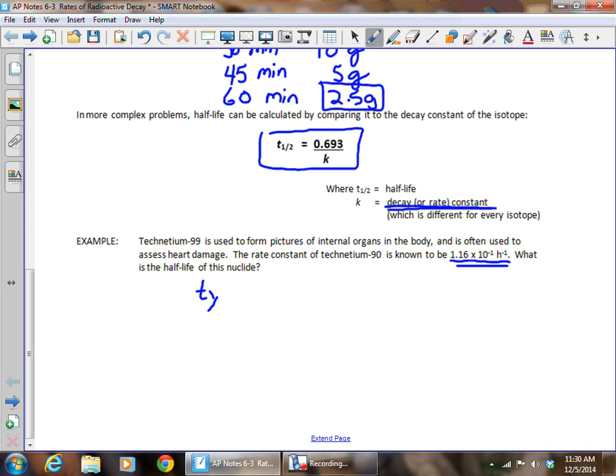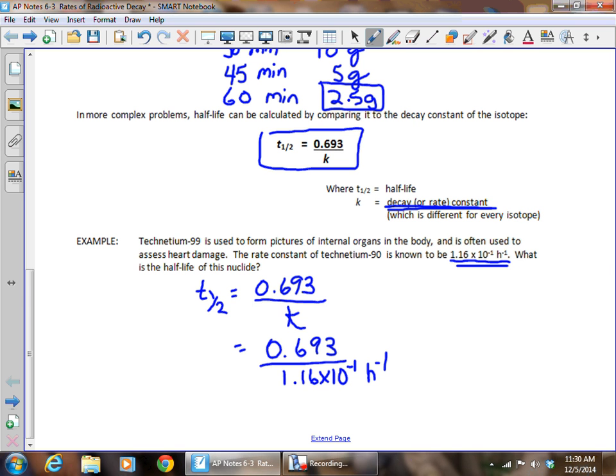If we know that the half-life is equal to 0.693 over K, and we know that K is 1.16 times 10 to the minus first reciprocal hours, then when we calculate that, we end up with a value for half-life of 5.97 hours. Since that reciprocal unit's on the bottom, it moves up to the top as, again, hours. So that's how you would use that type of calculation.